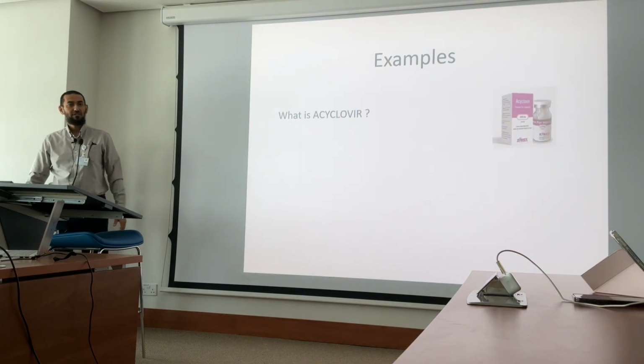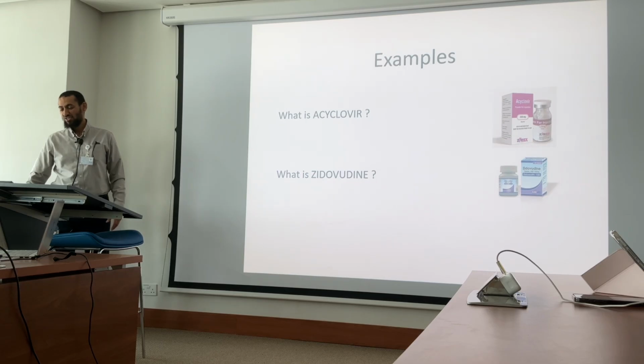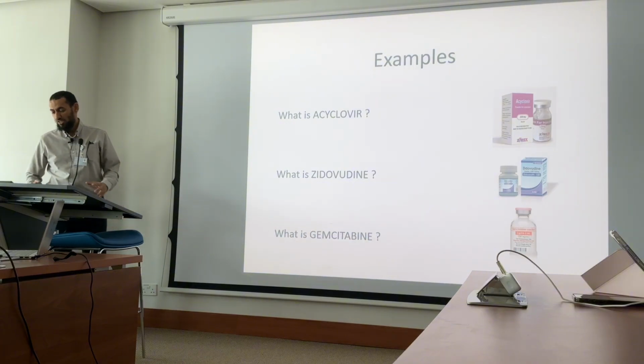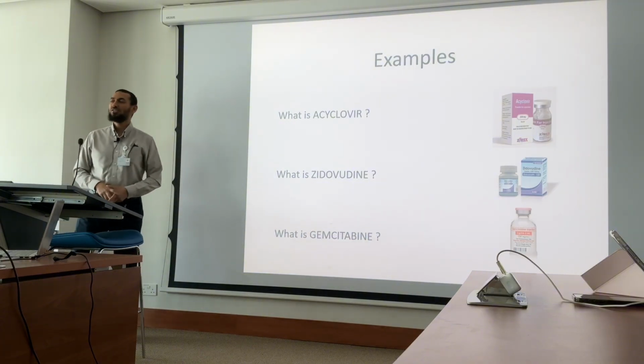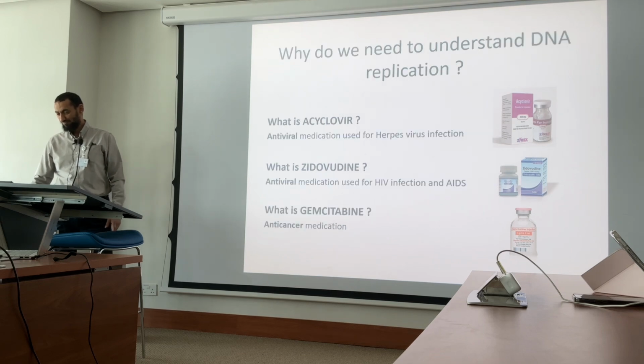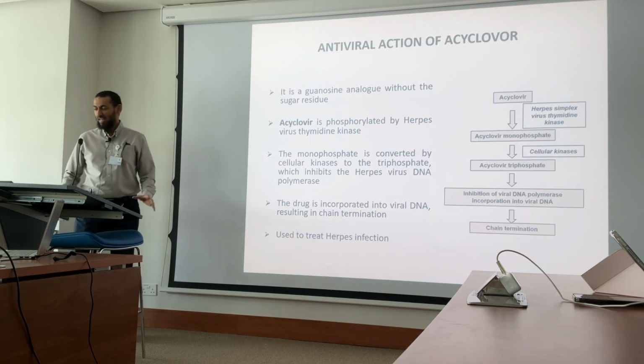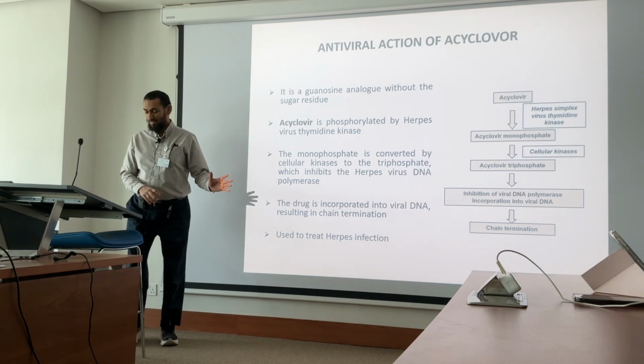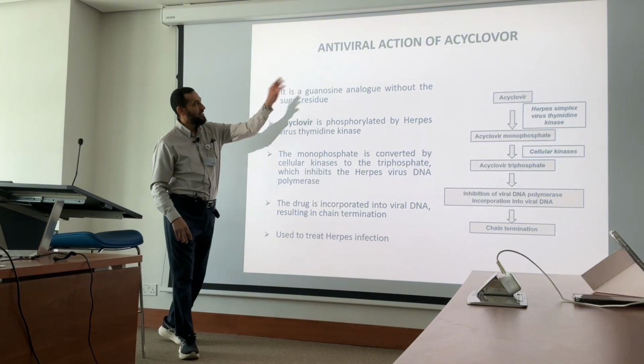What is acyclovir? Have you heard of it during the days of Corona? It's an antiviral medication. Zidovudine is another antiviral used for HIV. Gemcitabine is a treatment for cancer, pancreatic and lung cancer. The idea of this, I'll take acyclovir.